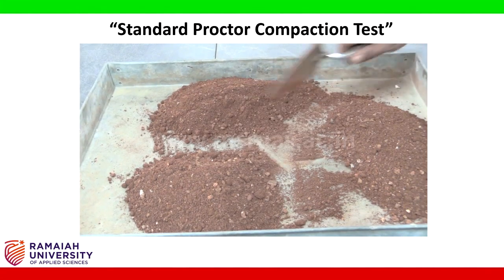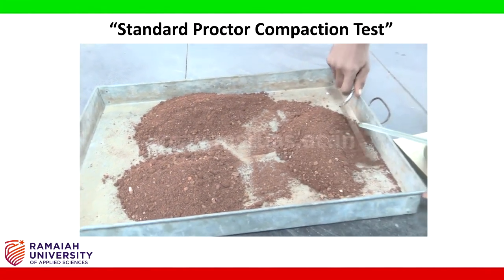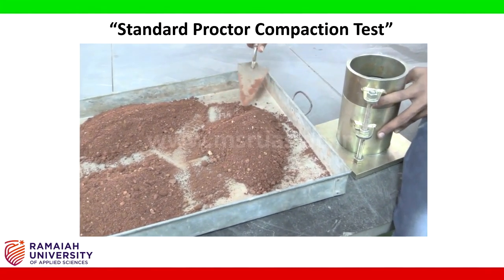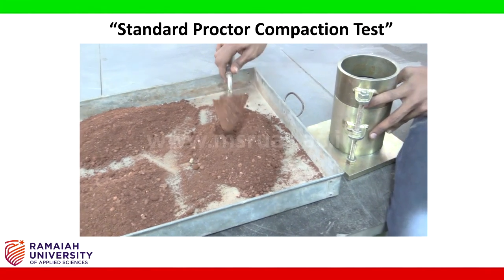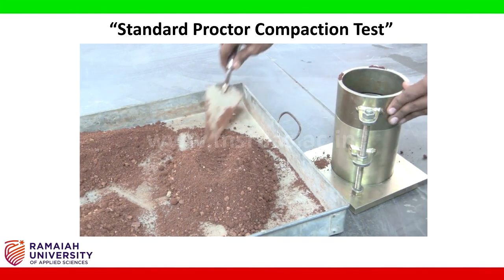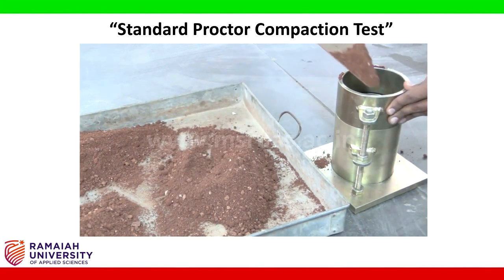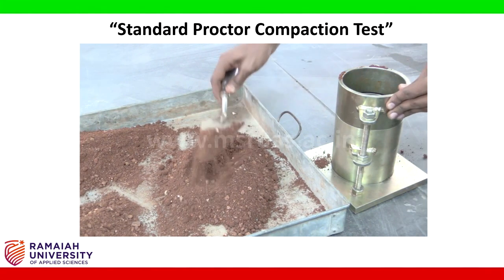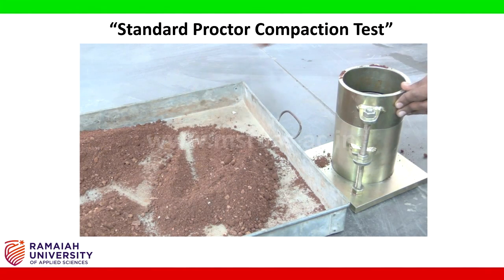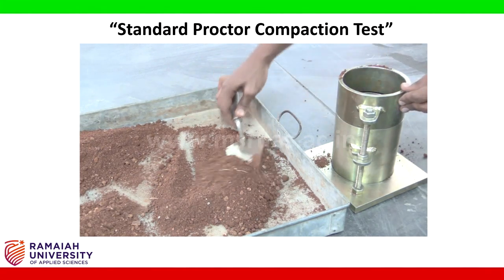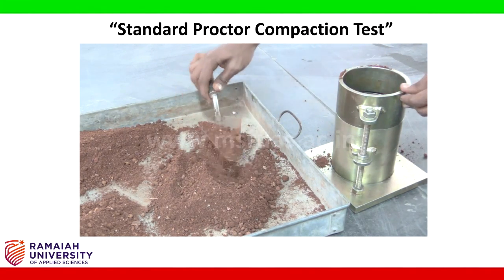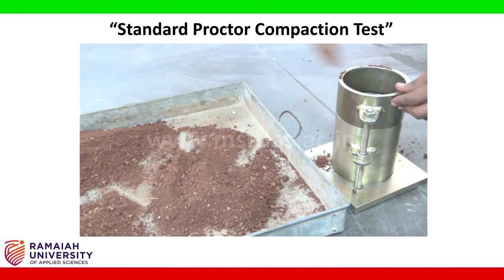Now fill the mold with one layer of this soil sample, and we have to ram this soil sample for about 25 blows, evenly distributed in the cylindrical mold. For ramming, a rammer of 2.6 kg weight should be used, and the height of fall is around 310 mm.